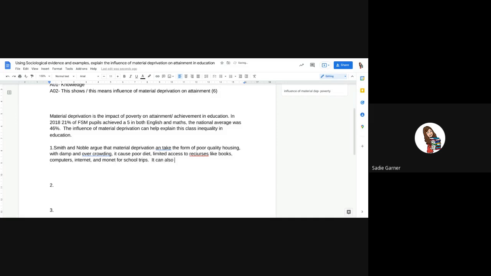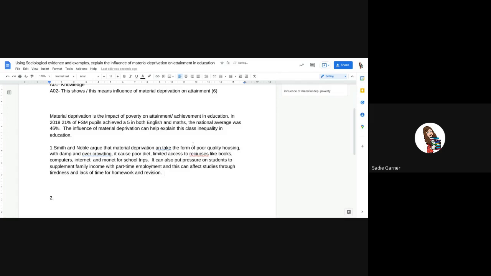It can also put pressure on students to supplement family income with part-time employment. And this can affect studies through tiredness and a lack of time for homework and revision.